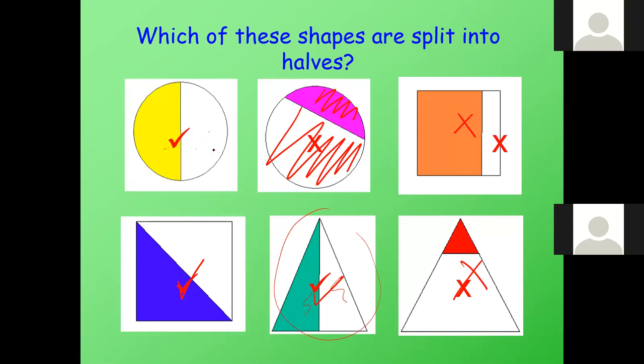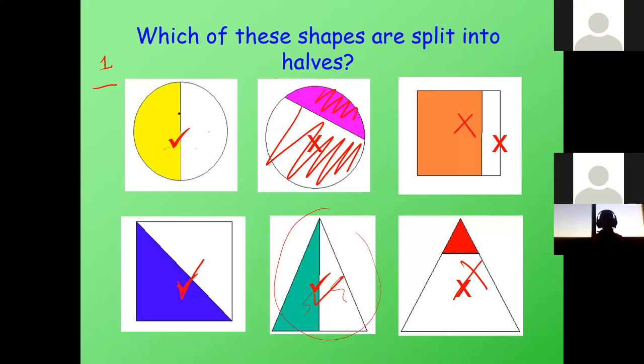If we want to write the fraction that represents half, I look at how many parts the circle is divided into. Two pieces. How many parts did I color? One part. So in order to write half as a fraction, I ask myself, how many parts did I color?